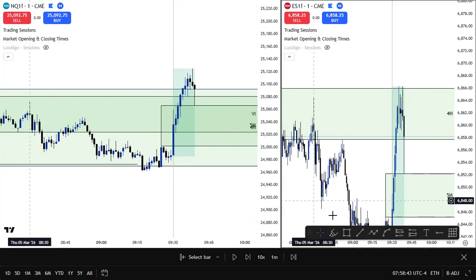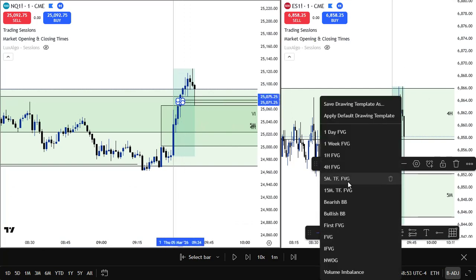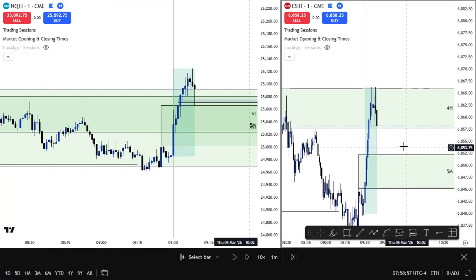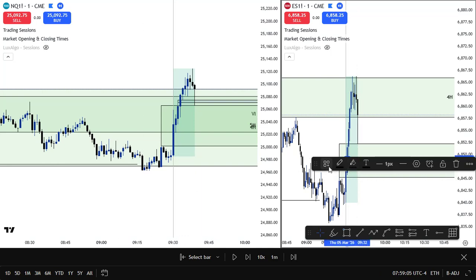That's amazing first presented fair value gap because price respects it very, very well now. Let me see. Okay, so first presented, yes, it's a little bit lower.